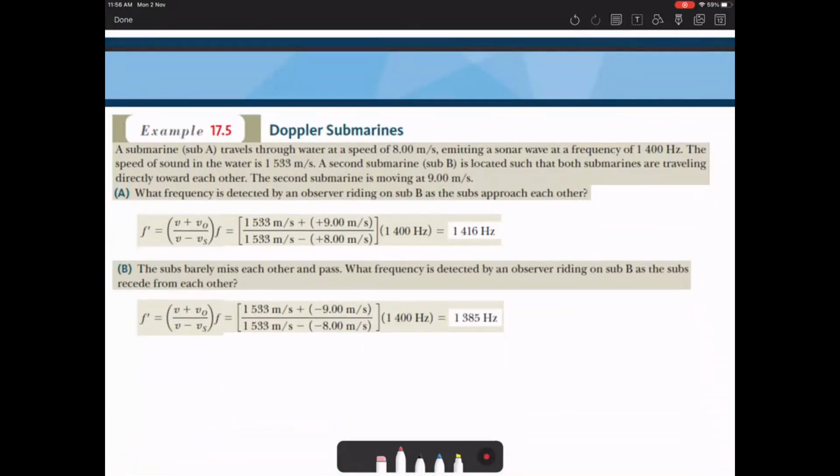So here we just have a case of the Doppler effect with both the source and the observer moving. So here you have two submarines, and let us assume that they are moving in a head-on direction, but just that they are not going to have collision.